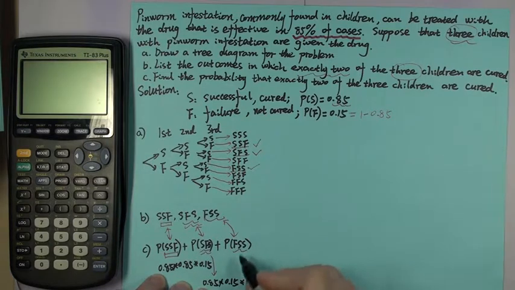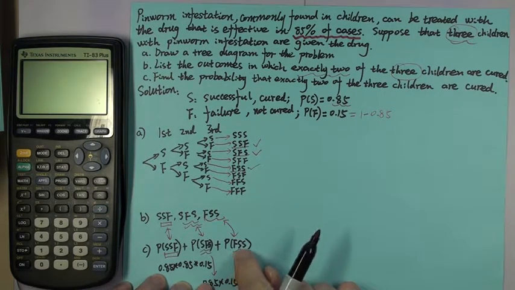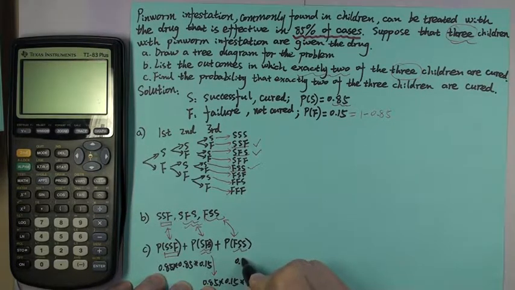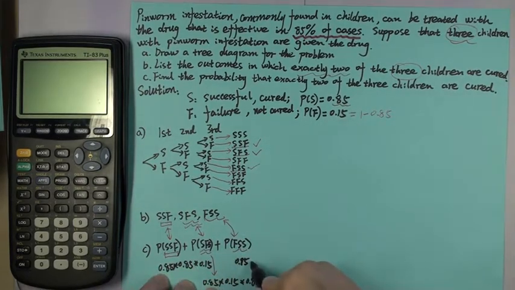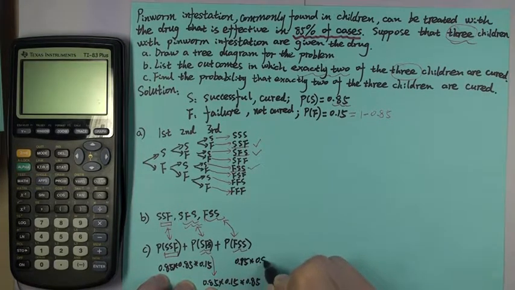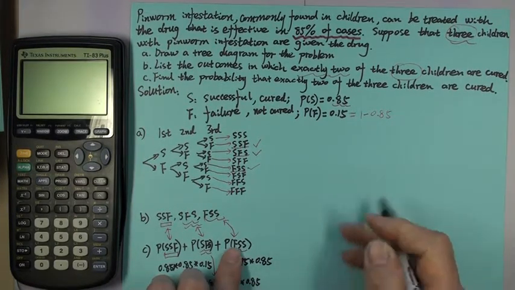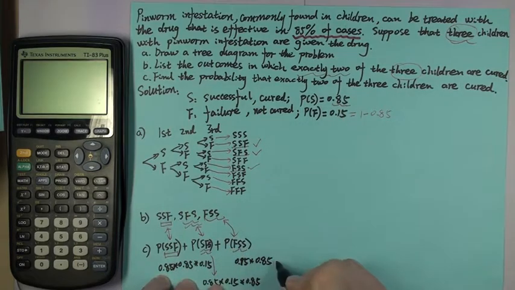The third one, let me put right here. F, S, S. So you then have 0.15 for F, times 0.85, because that's S, and then 0.85.